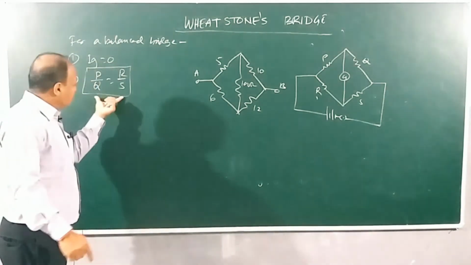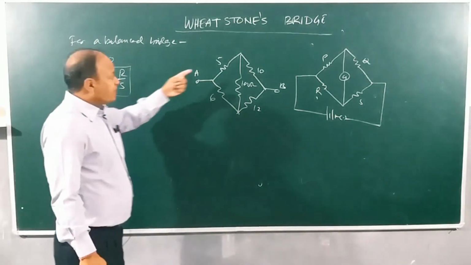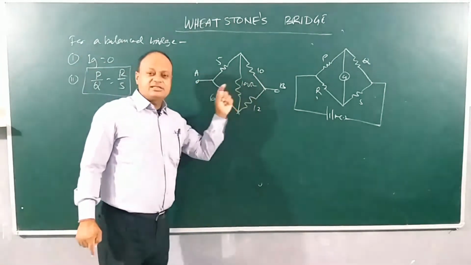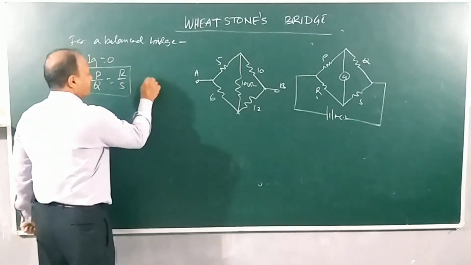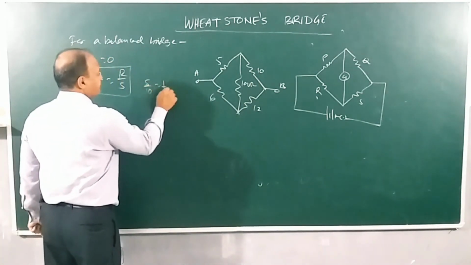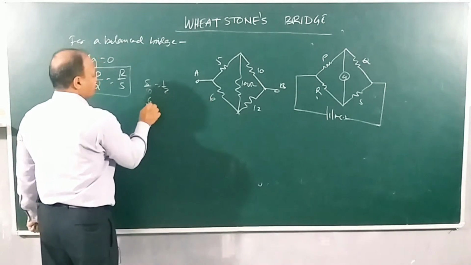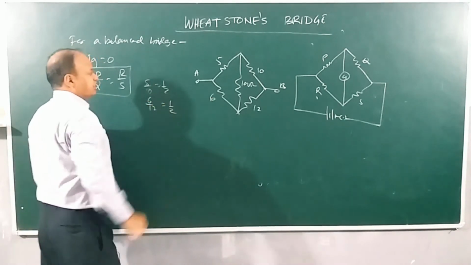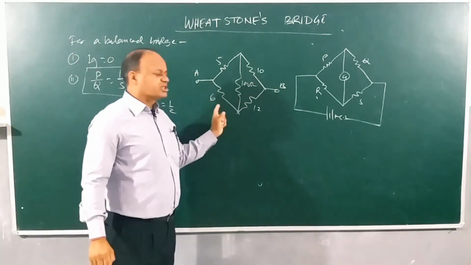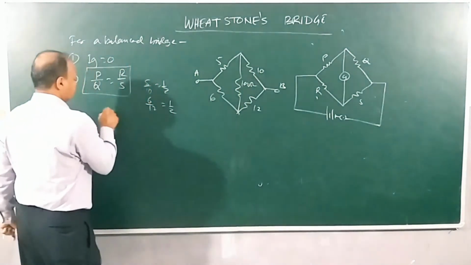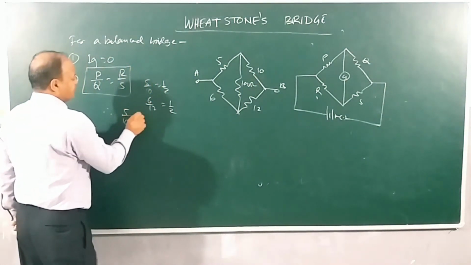So what will I be using? I will be using this condition. The ratio of resistance in the adjacent arms: 5 by 10 is equal to half, 6 by 12 is equal to half. That means 5 by 10 is equal to 6 by 12.